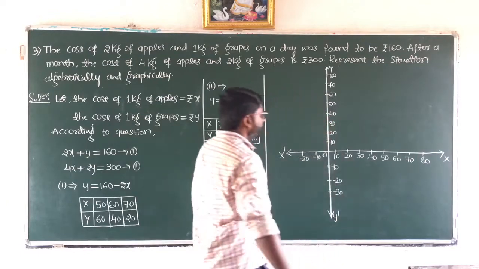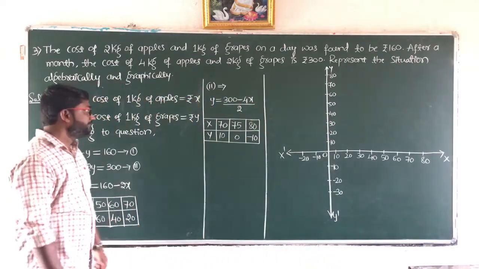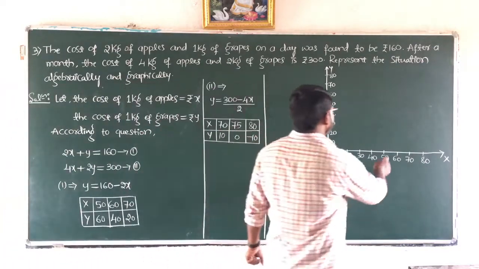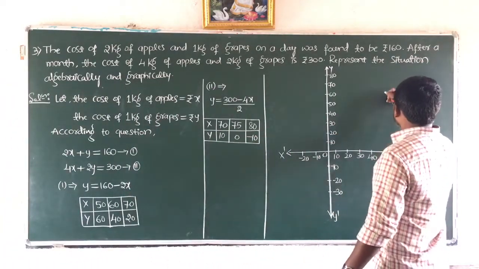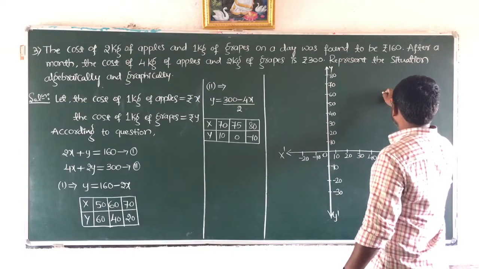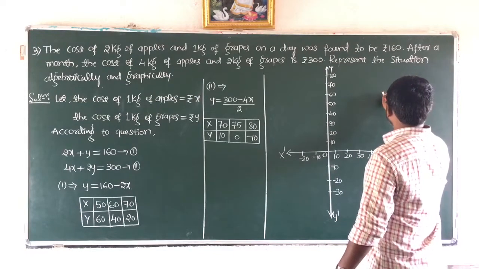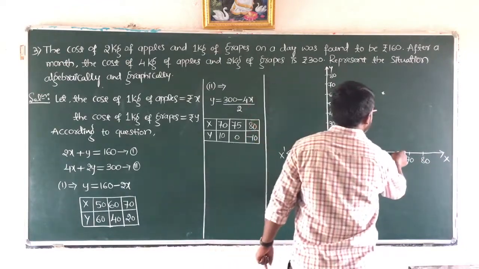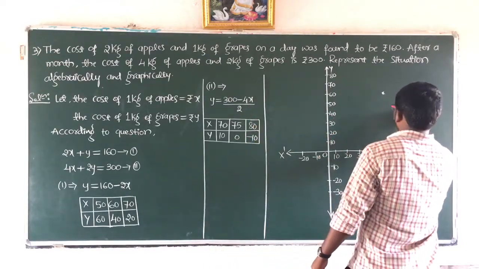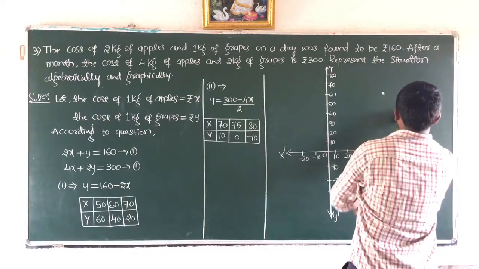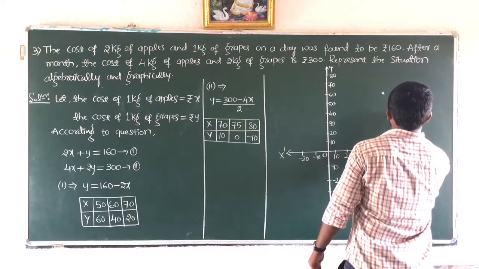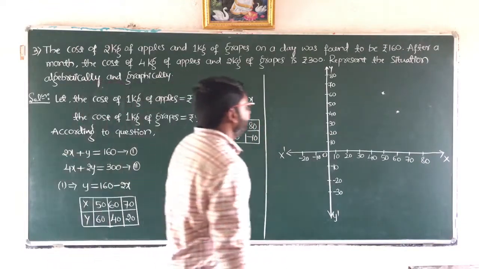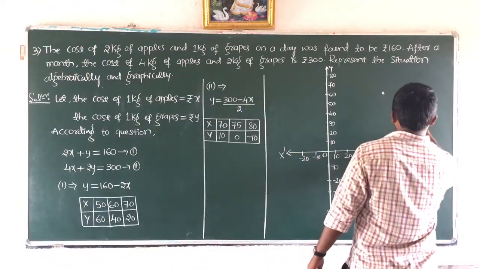Now go for the first table. X value 50, y value 60. So the value of x is 50 and the value of y must be 60. Somewhere we get here. Then x is 60, y will be 40. So here. Then the last point is x is 70, y will be 20.